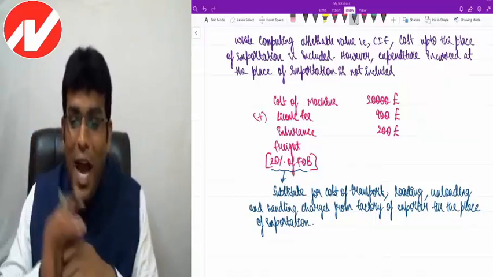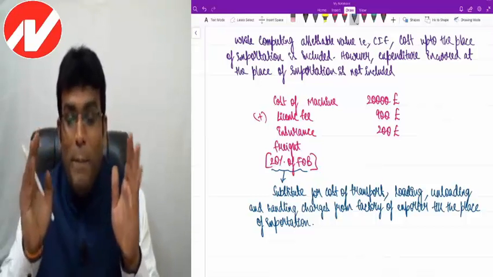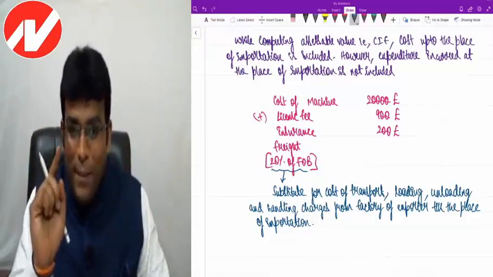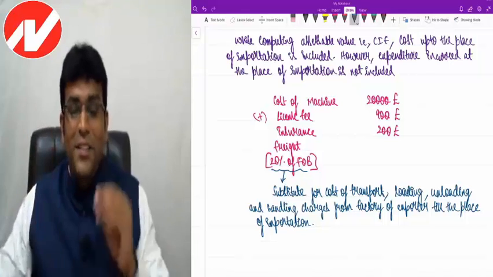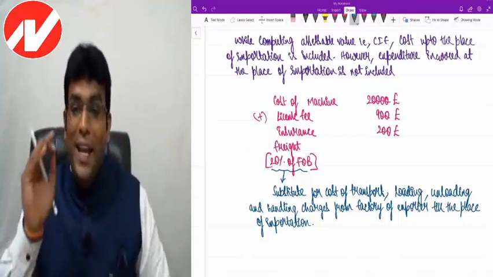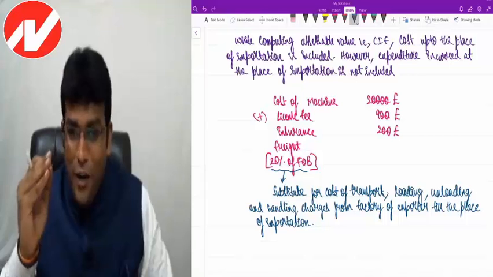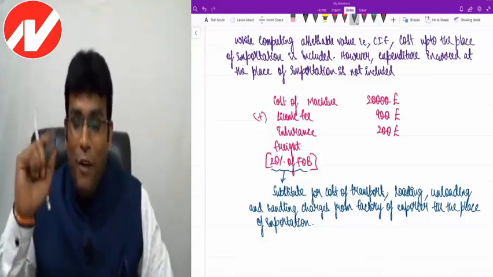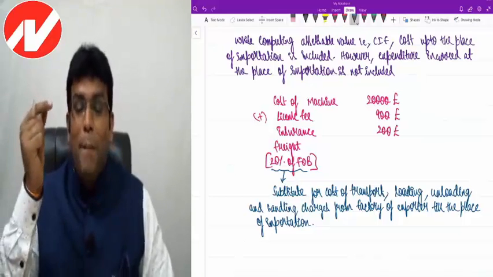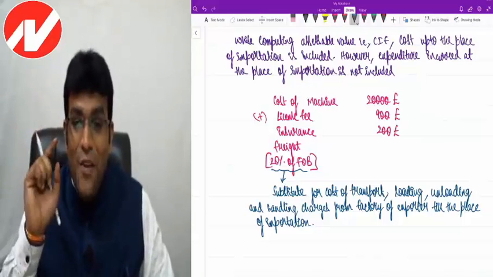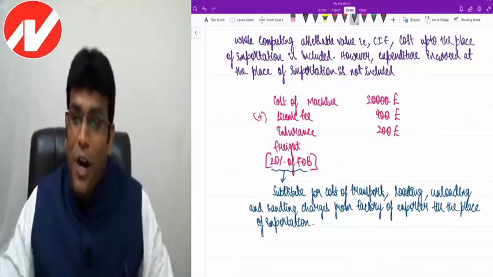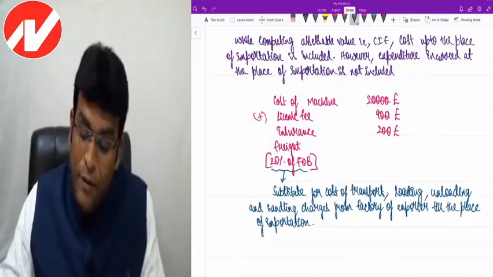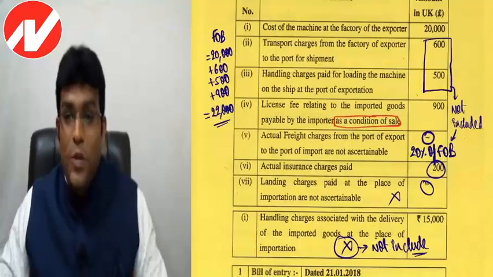I repeat one more time. Kindly listen: this 20% of FOB is a substitute for cost of transport, loading, unloading and handling charges from factory of the exporter till the place of importation. And the FOB figure we already calculated as 22,000.